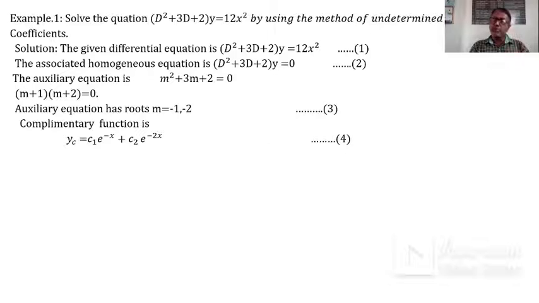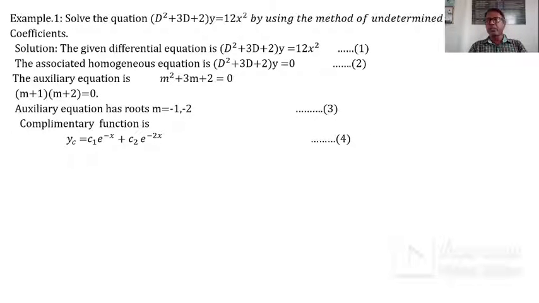And if the term is of the type e to the power ax, then this indicates that the roots are real. I tell you the things. Now see here, if in this Q(x) the term is of the type e^(ax), this indicates that the root is real.